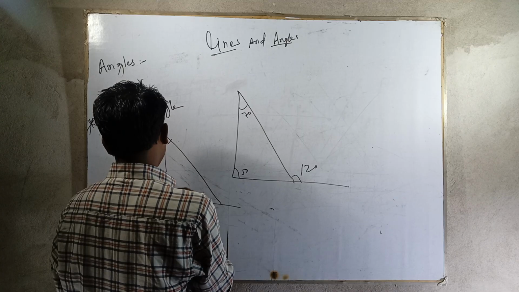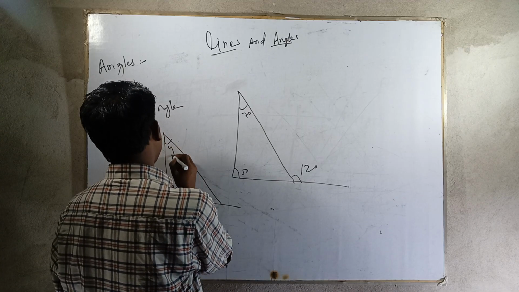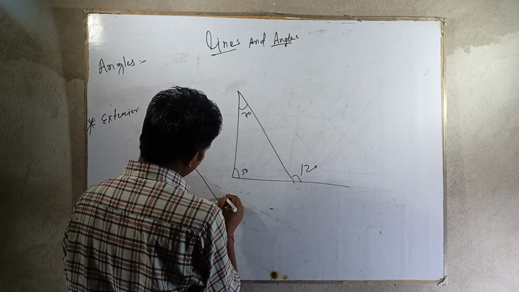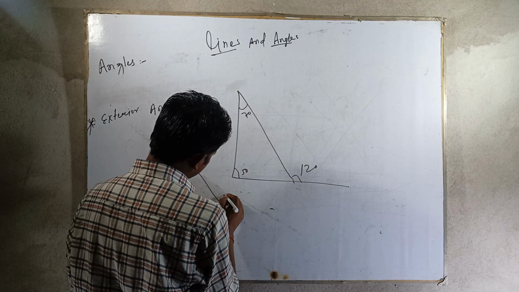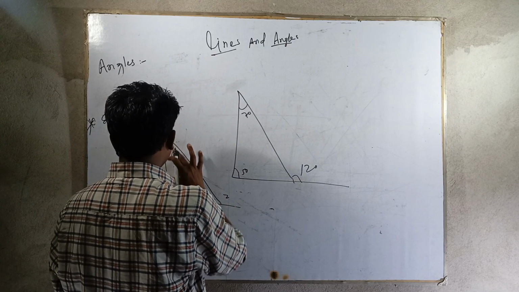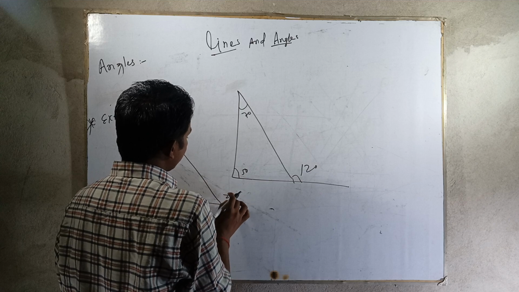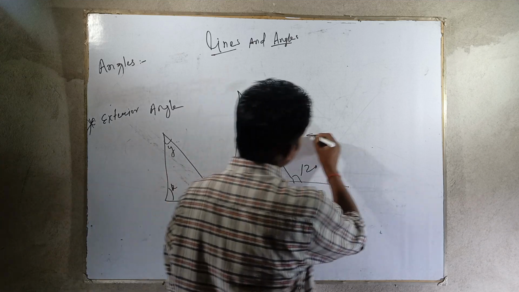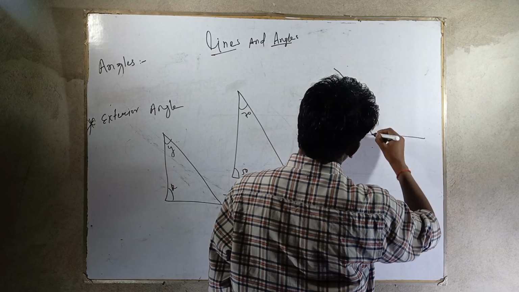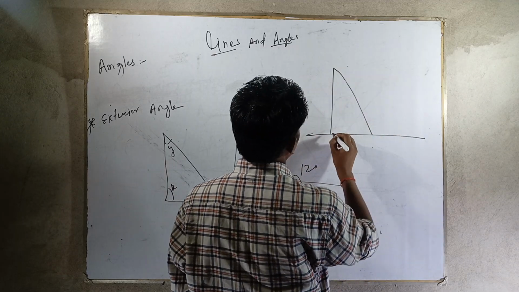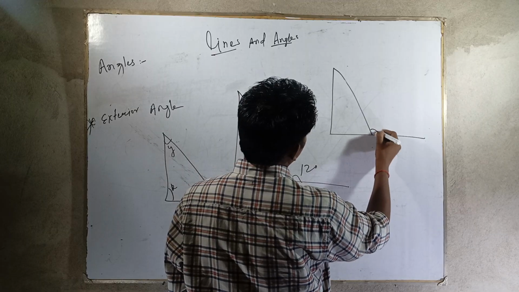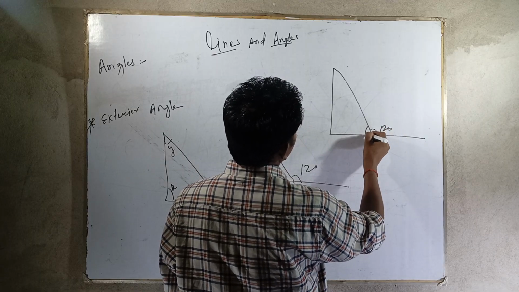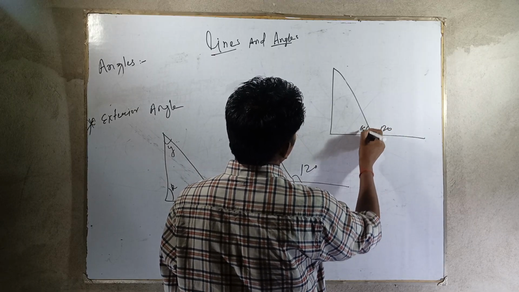The sum of this angle and this angle will be equal to z. If you add both angles, then its value will come out. And sometimes, by the linear pair, if this one is 120, its value will be 60. Why?